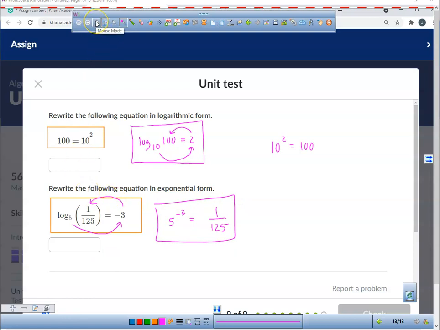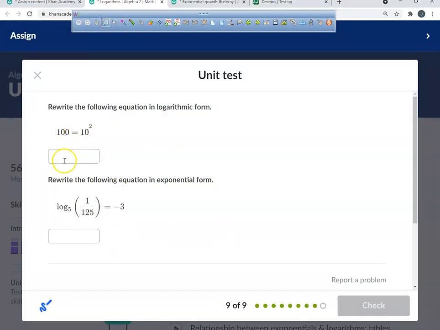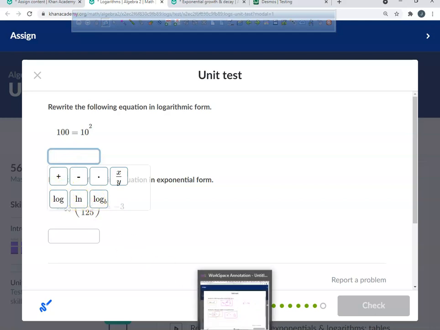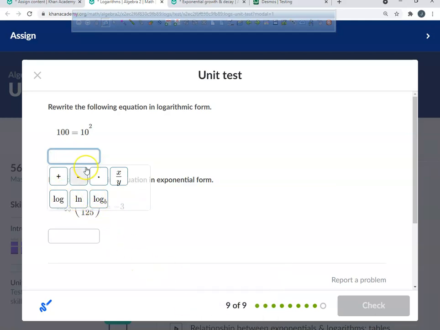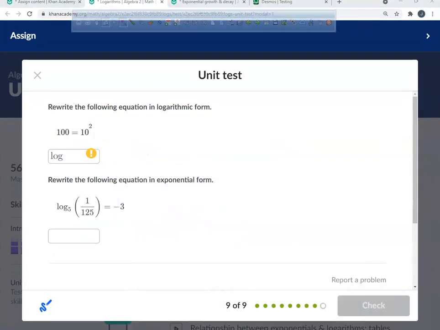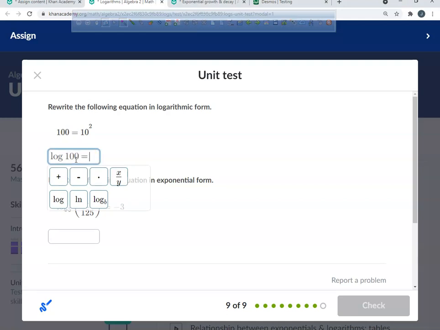All right, so I'm going to go ahead and finish this off right here. Log of 100 equals 2. Log of 100 equals 2.